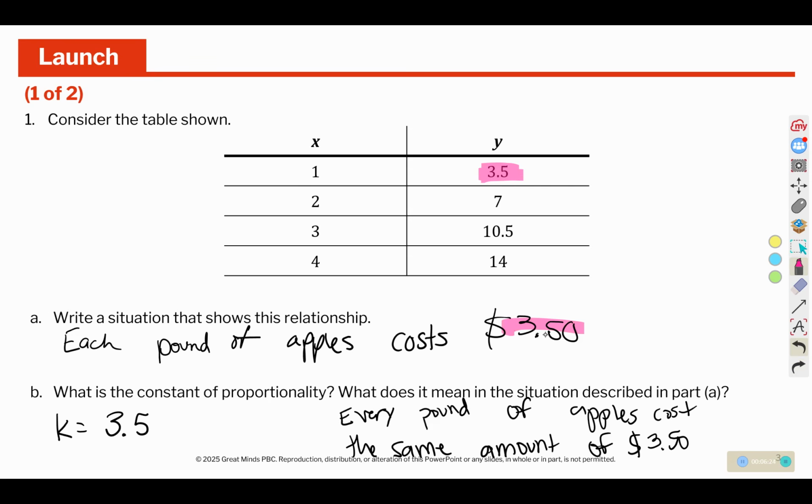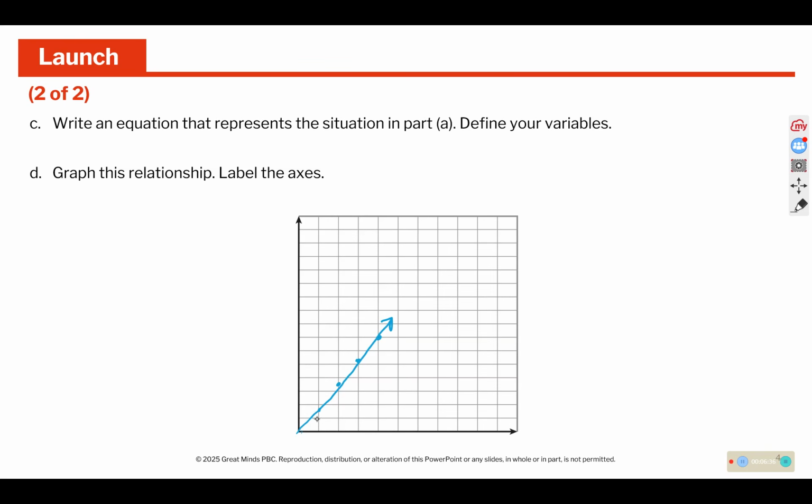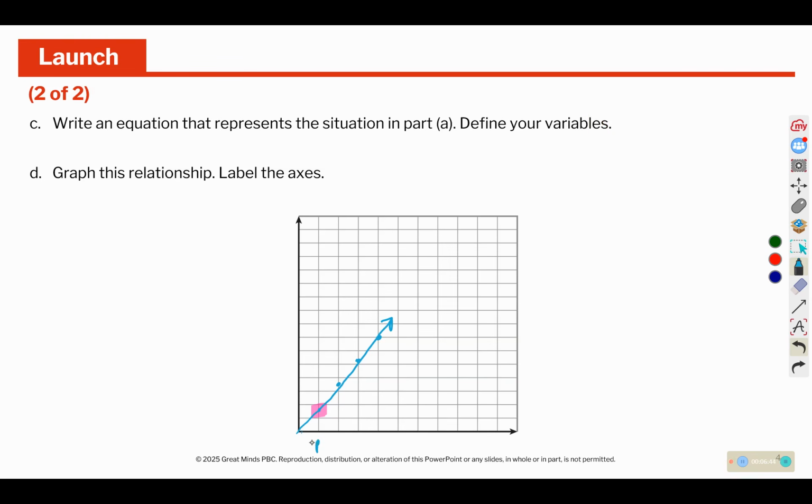In the situation, here's our constant of proportionality in part B. And then in the graph, that constant of proportionality is this first point here, where our x value is at 1, and our y value is between 2 and 4, right there at 3.50.